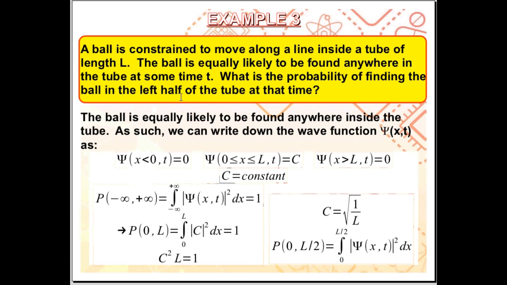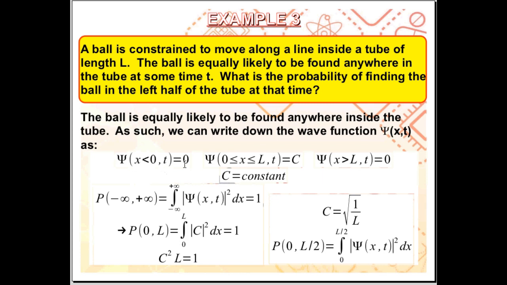If you divide the tube into two, left half and right half, the likelihood of finding the ball in, let's say, the left half, logically will be 50%. Mathematically, we can show this using, not Schrodinger's equation, but the concept of the wave function. The ball is equally likely to be found anywhere inside the tube. As such, we can write down the wave function capital psi of x,t as shown.